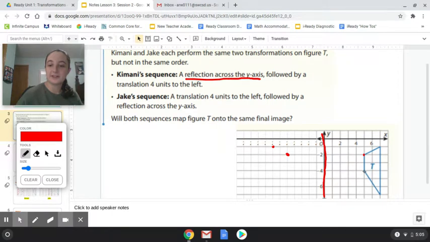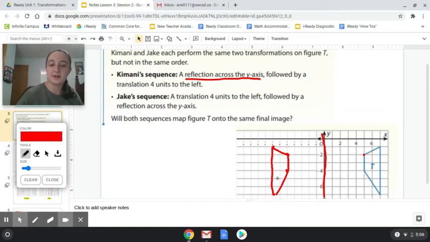This point is 5 away, so we go 5 away. And this point is 7 away from the line of reflection, so we go 1, 2, 3, 4, 5, 6, 7, like so. And then we connect our dots.